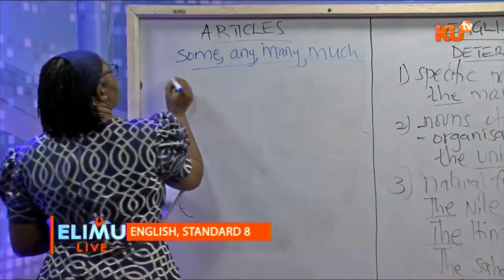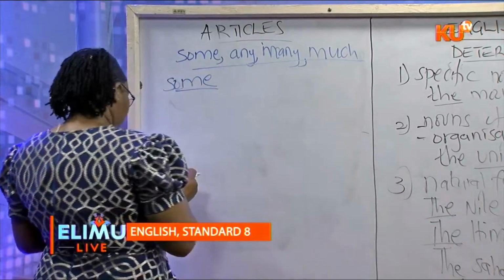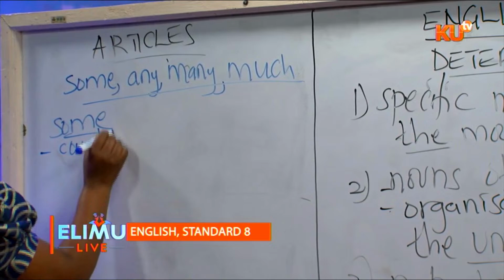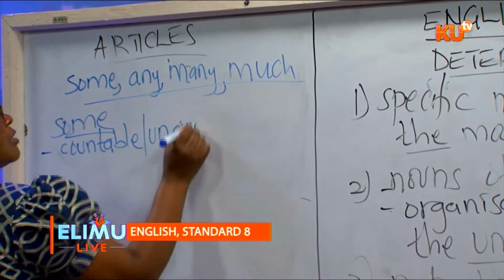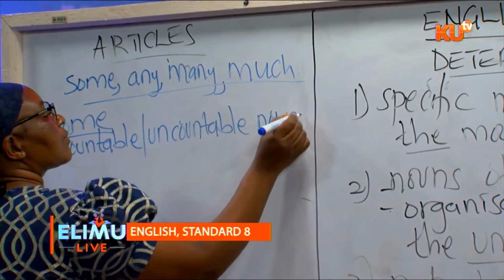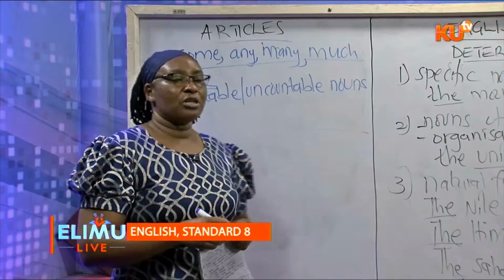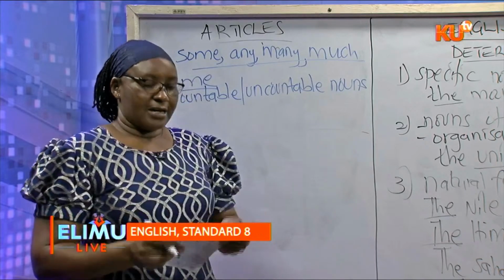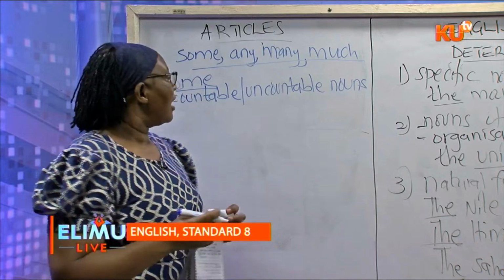We look at the first one, which is some. The word some is used with countable and uncountable nouns. Countable nouns are nouns that we can count, like we had in the first examples, like a book, a pencil, a boy, a girl, a stone.